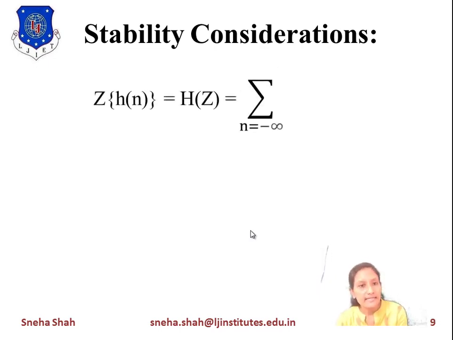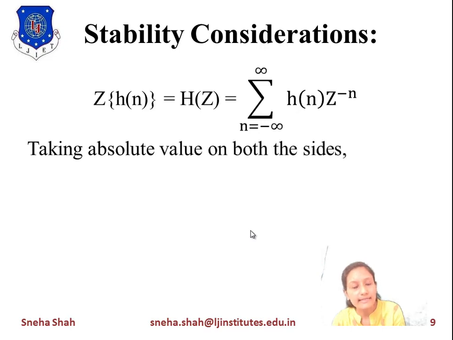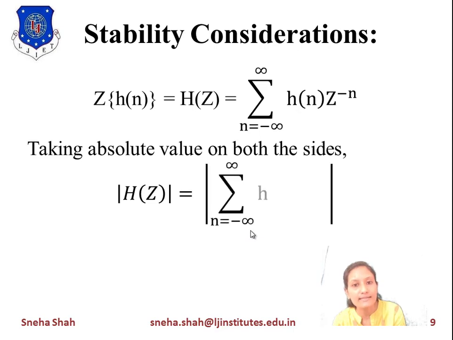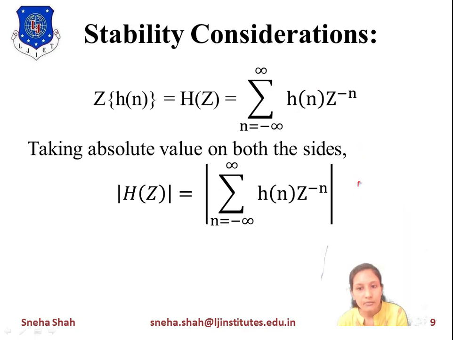Now we find the Z transform of h of n, which is represented as H of z equals summation n equals minus infinity to infinity of h of n z raised to minus n. Now if we take the absolute value on both sides, then mod H of z equals mod of summation n equals minus infinity to infinity of h of n z raised to minus n. And as you all know, if we take mod of a into b, this will always be less than or equal to mod a times mod b.